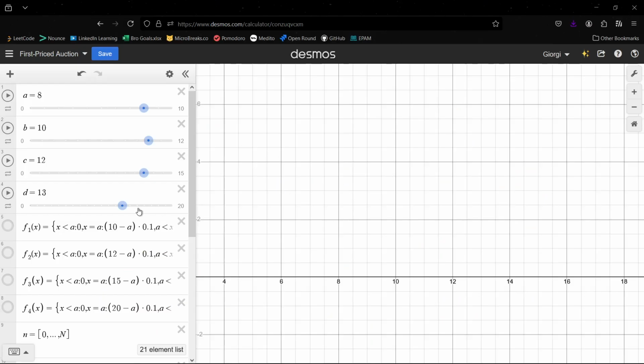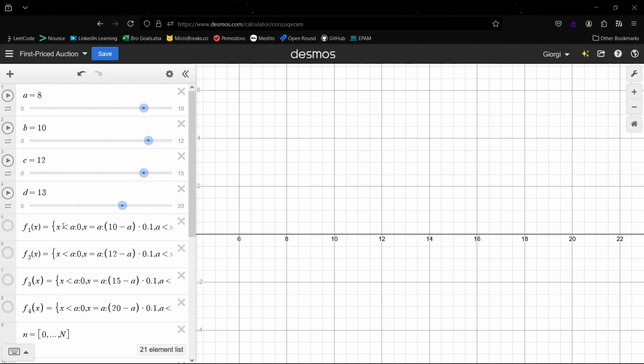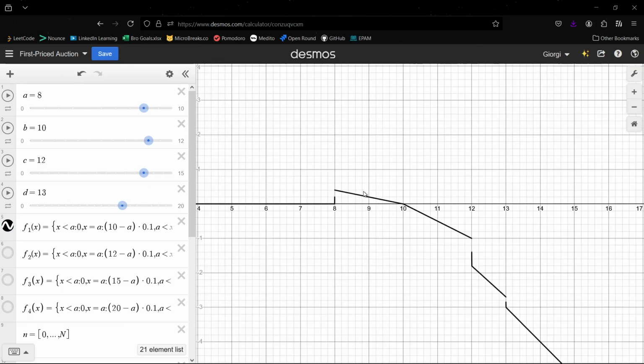I have actually prepared something in Desmos. So this A, B, C, D, let's imagine this is bid 1, bid 2, bid 3, and bid 4 for the different valuations. And now I have created functions, so you can call these payoff functions, but these are expected payoff functions. For example, this is the expected payoff of the valuation 10 guy when they bid 8, while type 2 bids 10, type 3 bids 12, and type 4 bids 13.